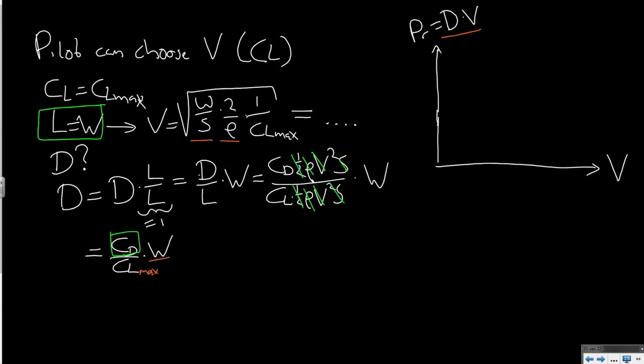So if we know what the lift drag polar of the aircraft is, and we stated that this can always be approximated with a parabolic relation, then you can see that CD is basically a function of CL.